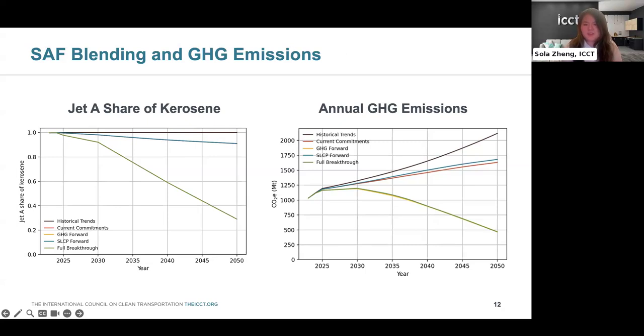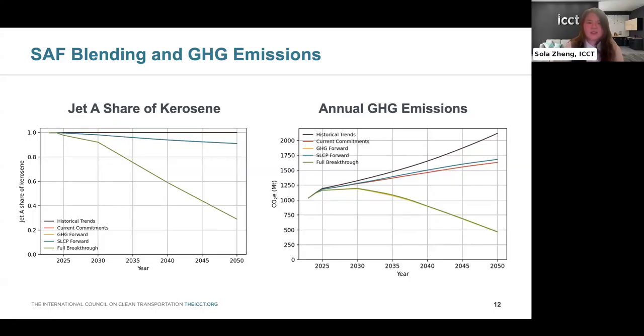And then because of the not as aggressive SAF uptake, we're seeing that even in the GHG forward scenario and the full breakthrough scenario, which are the green lines in this graph on the right, there's still going to be 500 million tons of residual CO2 equivalent emissions in 2050, and that puts aviation above its current share of the remaining climate budget of 4%.